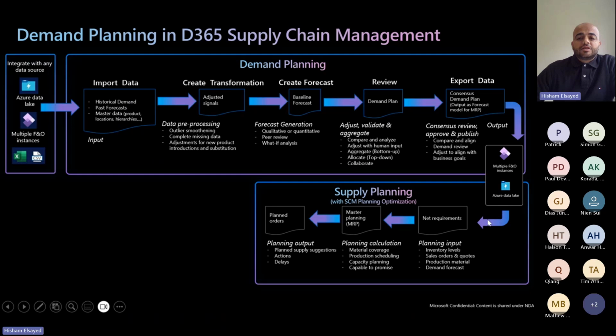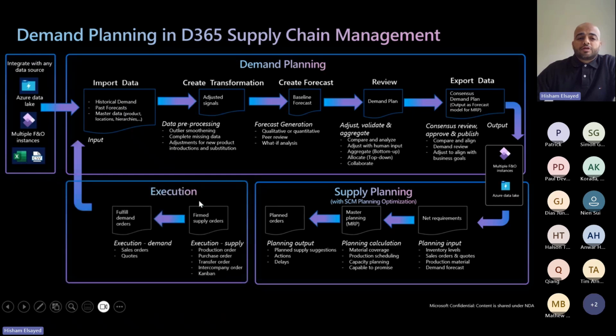That is very important for the next step, supply planning, for master planning or even optimization, which is very important in the execution process, and it can again be the input for demand planning. So it is a flow and a loop at the same time.